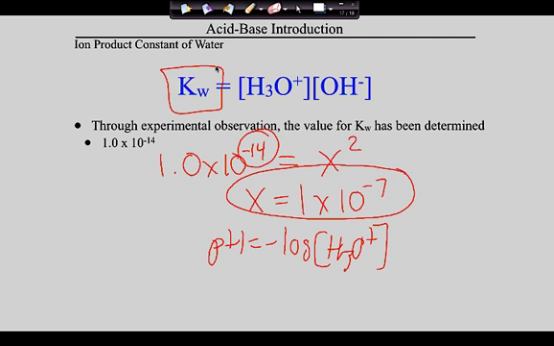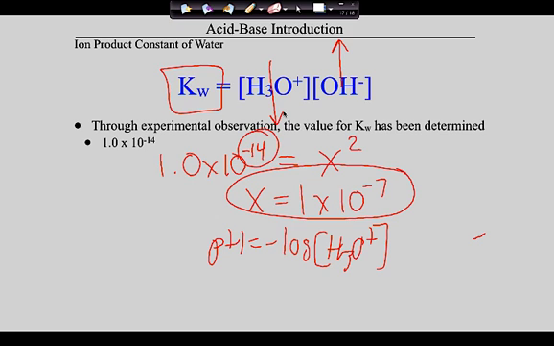Kw, and this is what we're about to talk about, guys, Kw doesn't change. It's a constant, right? Didn't we say that K values don't change? So the K value is a constant, which means if we take this bucket of water and dump in something that's basic, that will increase the concentration of hydroxide, which will then force the hydronium ion concentration to drop.